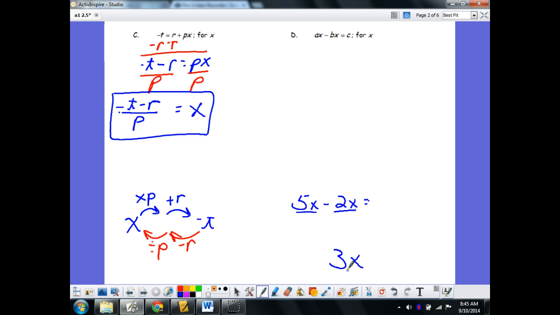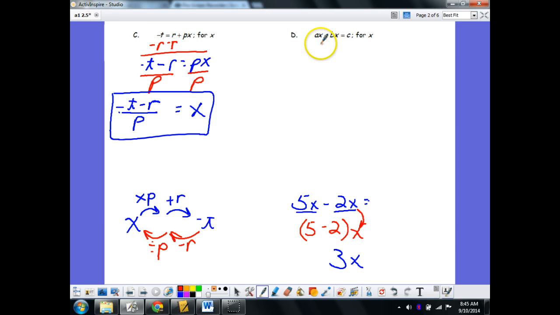But let's think about how we arrive at 3x. All we're doing, using the distributive property, is subtracting the 5 and the 2, 5 minus 2, and then the x is just hanging along for the ride. That's actually the distributive property that we're using there, just in the opposite order of what we normally do.